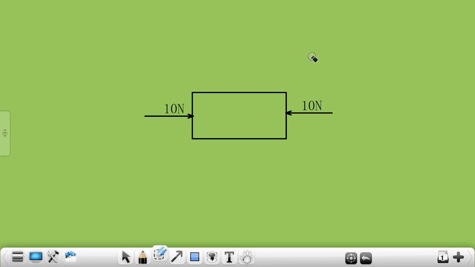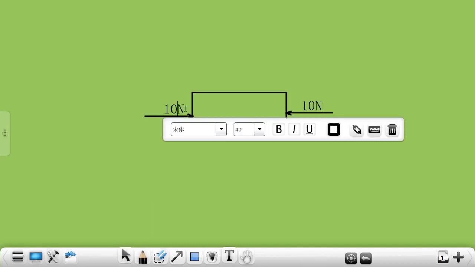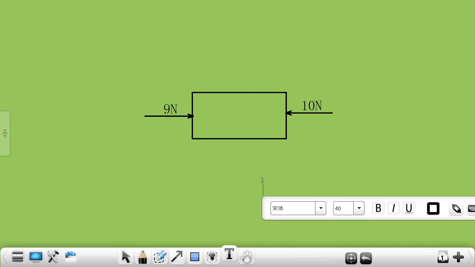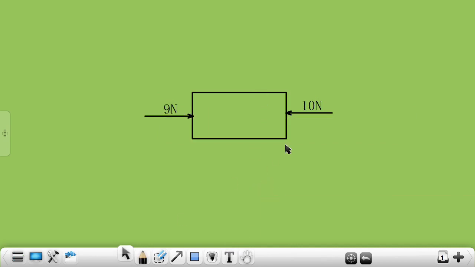Now, to get an unbalanced force is whenever the net force is greater than 0. An unbalanced force will mean that the object is accelerating, or depending on the circumstances, decelerating.